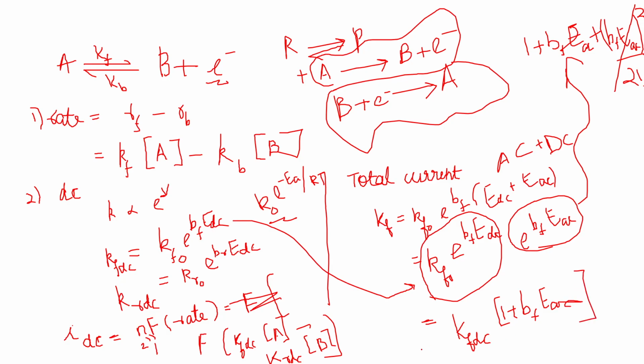So this is about KF. Similarly, KR will be nothing but KRDC into 1 plus BR into EAC.